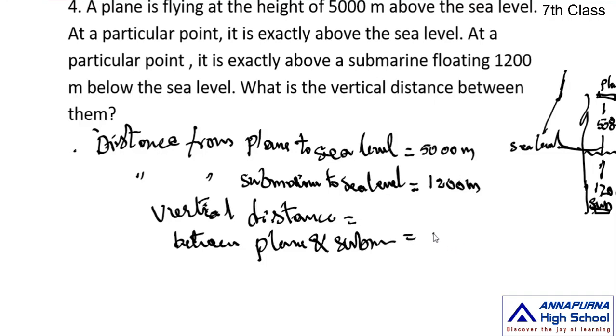Add those two, 500 meters plus 1200 meters, both are positive integers, add it, 1700 meters. It is the vertical distance from plane to submarine.